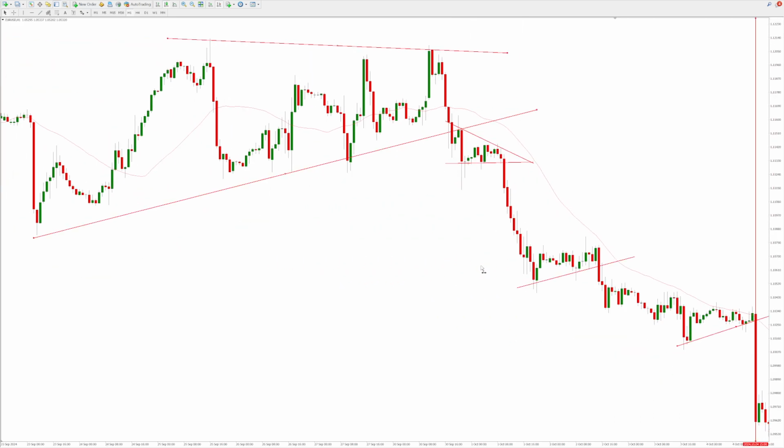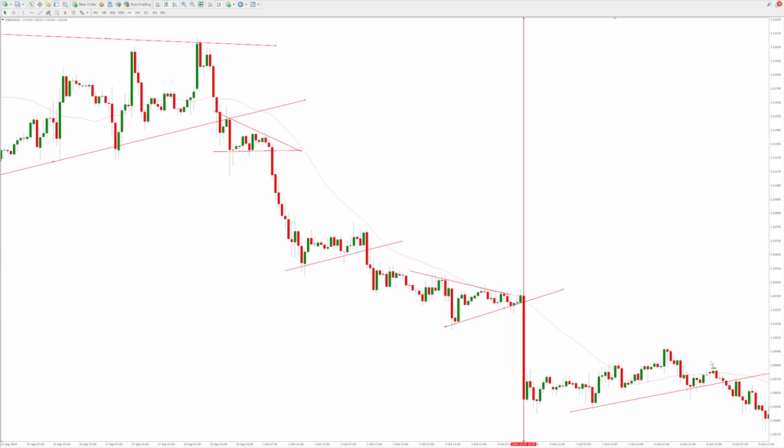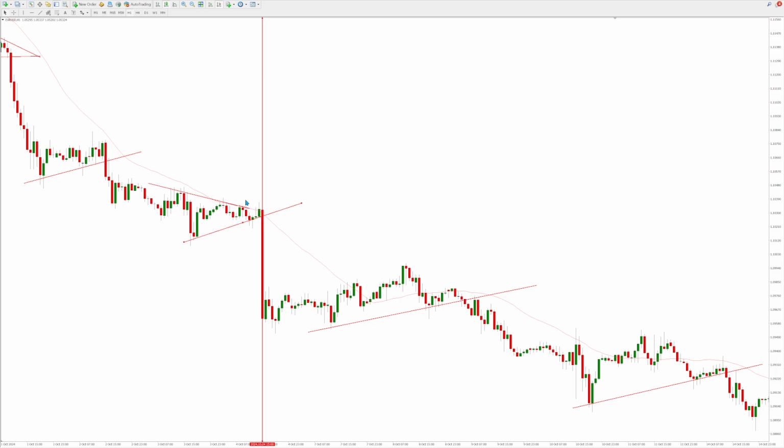You would have been looking at this situation here, seeing this clear downtrend, and a bearish NFP about to be released. You've got these lower highs, you've got this consolidation as price is getting squeezed, an inevitable breakout. And once the NFP is released, bang, there you go. So that's one way to trade NFP reports.